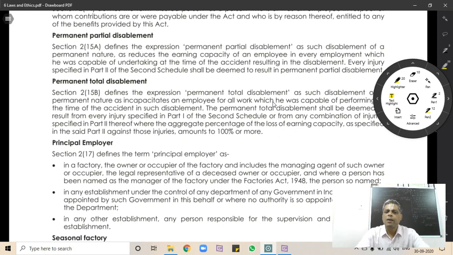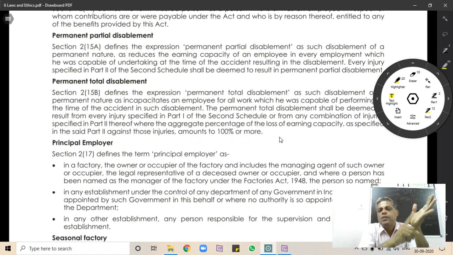So the permanent total disablement shall be deemed to result from every injury specified in part 1 of the second schedule, or combination of injuries in part 2 and part 1, if the percentage of loss of earning capacity as specified in the said part against those injuries amounts to 100% or more.